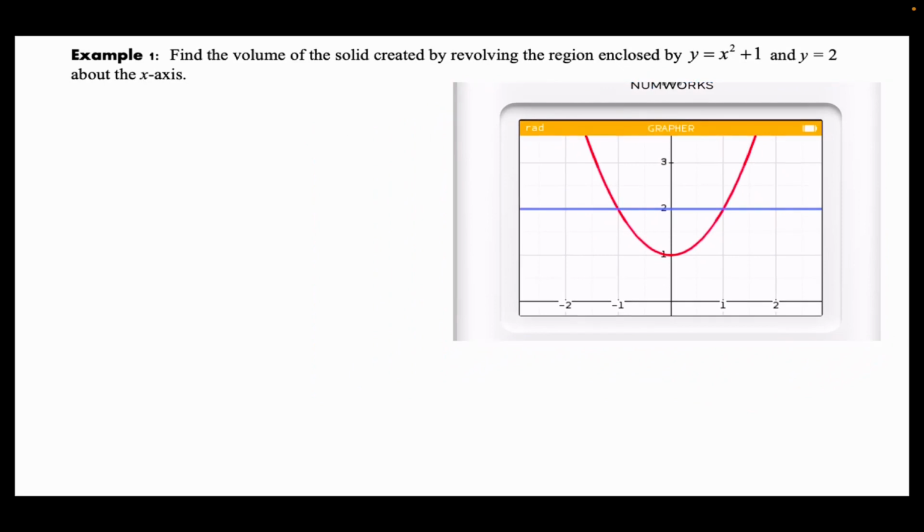Okay. So take a little time to draw a good picture. Your picture should look like that. The x-axis is down here.